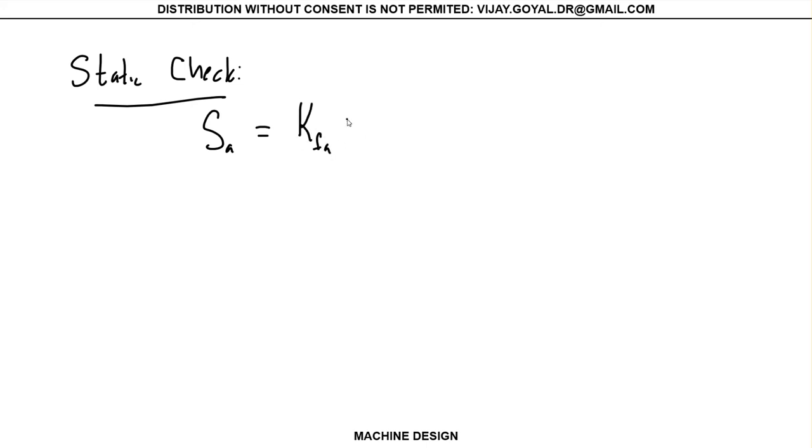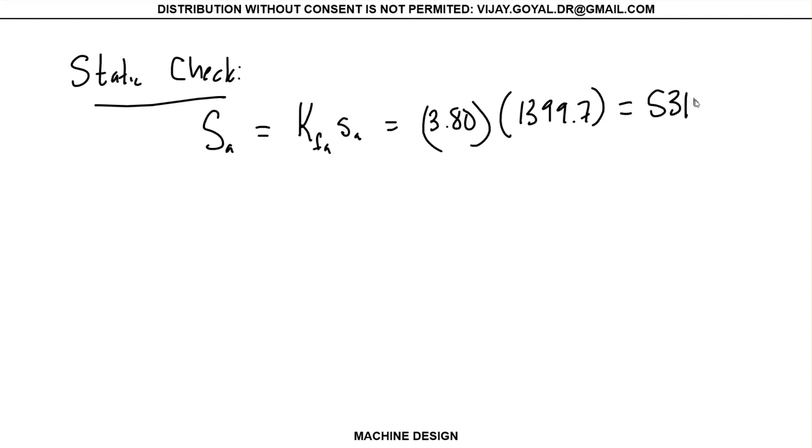Now that we calculated this, the next step in my problem is to go ahead and do my checks. The first check is your static check at the maximum loads. To do that, you need to find your S_A. That will be K_f times your small s_a. This is 3.8 multiplied by 399.7. That gives you 5319 psi.